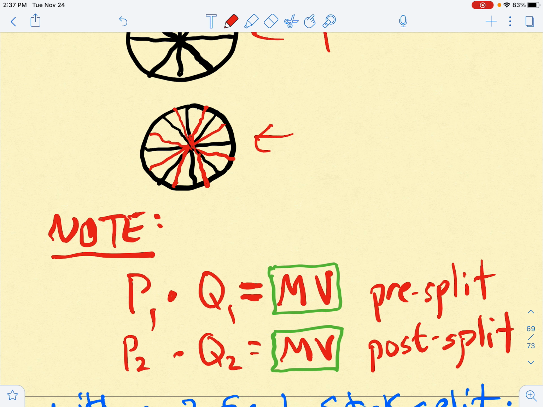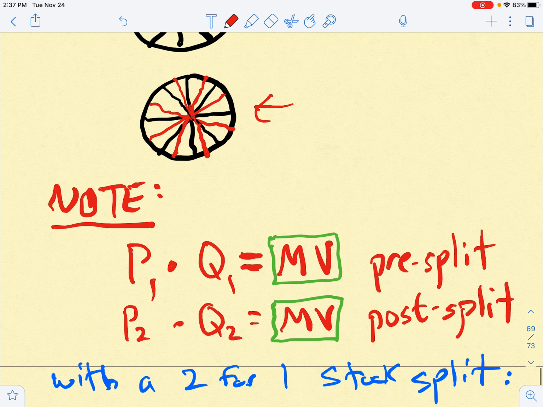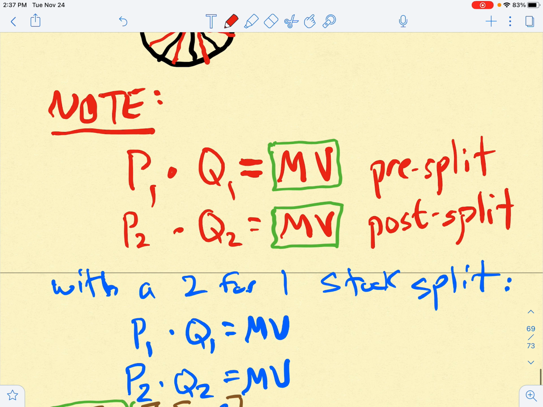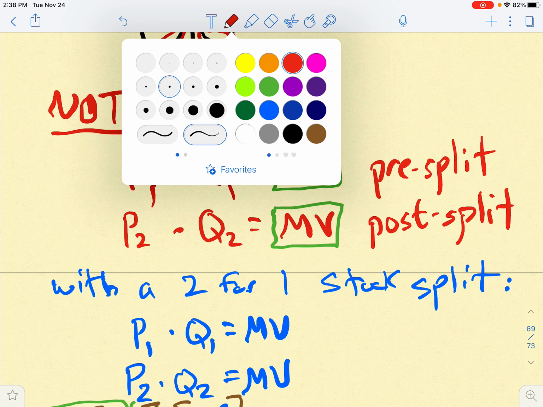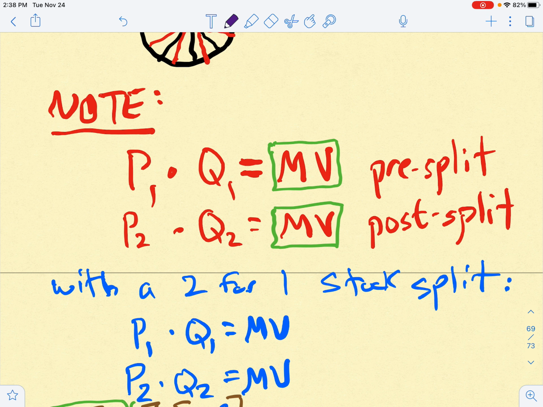Okay, now let's just make some observations here. Note that the first price, which is the pre-split price, times the pre-split quantity, will equal some market value. Maybe you have a pre-split price of $20 and you have 100 shares. Your market value is $2,000. And the point here is that whatever the price is after the split, P2, when you multiply it by the number of shares, has to equal the same market value.